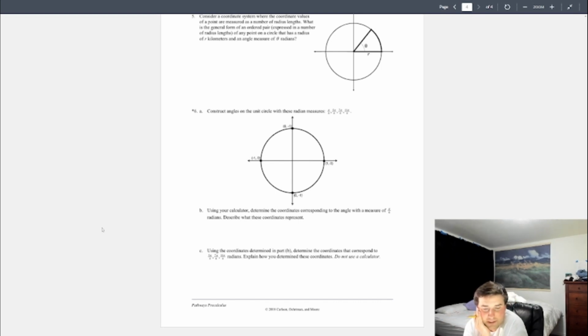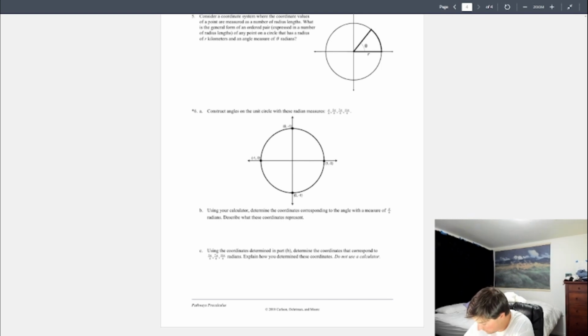Anyway, I just misremembered that. 5 pi over 6 is here, because this is the 1/2. 7 pi over 6. Yes, this is the 1/2. Alright, so I should probably redo the other ones too.